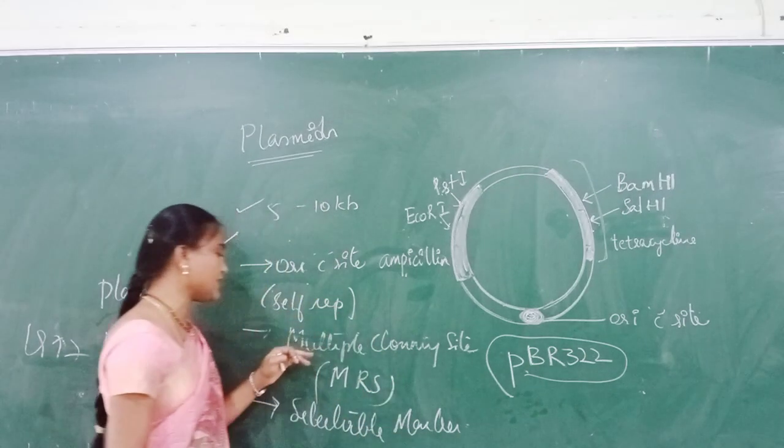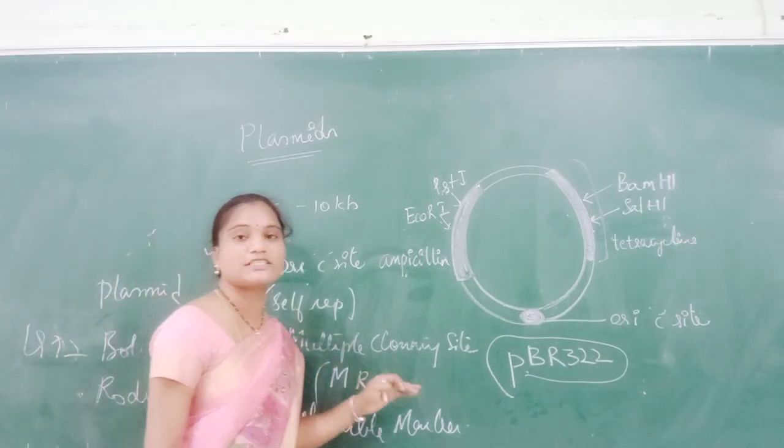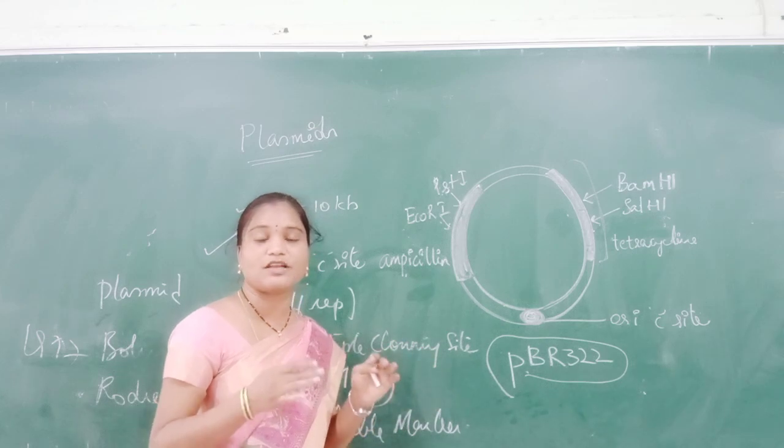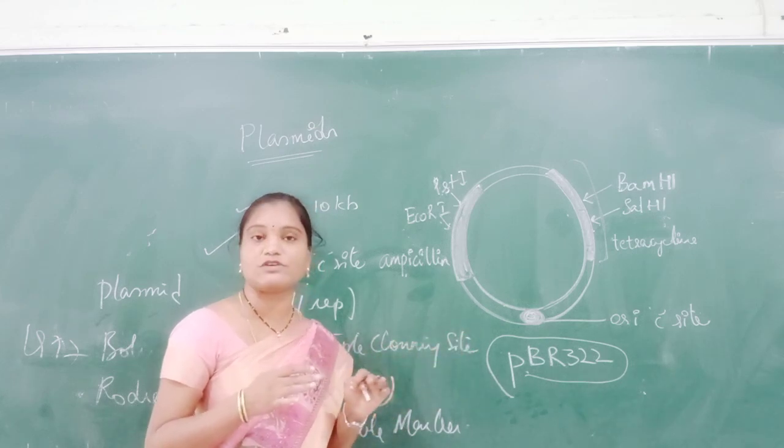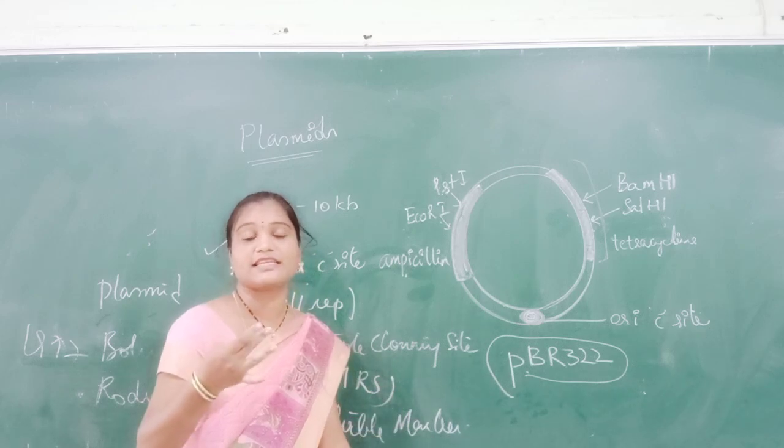Coming to the second feature, multiple cloning sites or multiple restriction sites. This particular plasmid, pBR322, has a large number of restriction endonuclease sites to be cleaved.